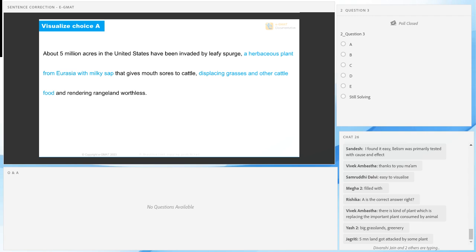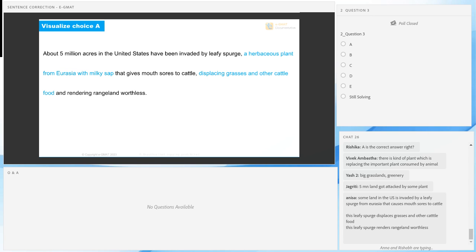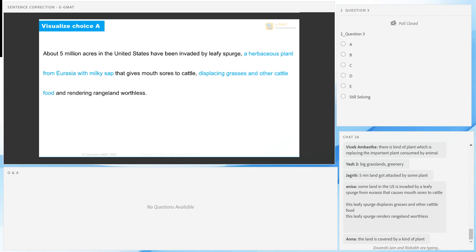So, Vivek, just from the black portion, the sense that you get is 5 million land got attacked by some plant. Absolutely. Yash, when you say big grasslands and greenery, you've taken into account 5 million acres, but you haven't taken into account the invaded part.